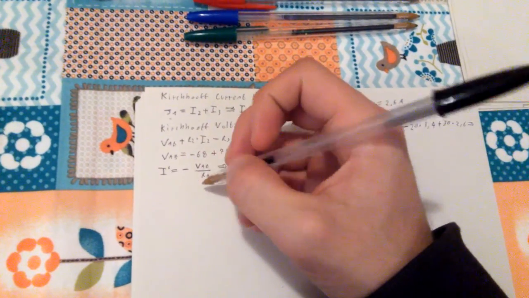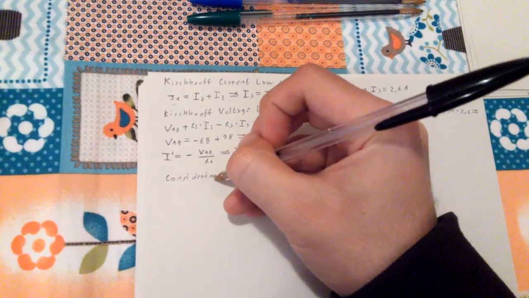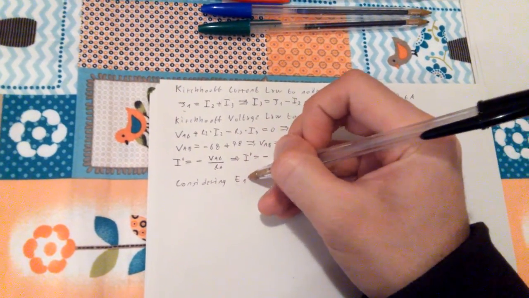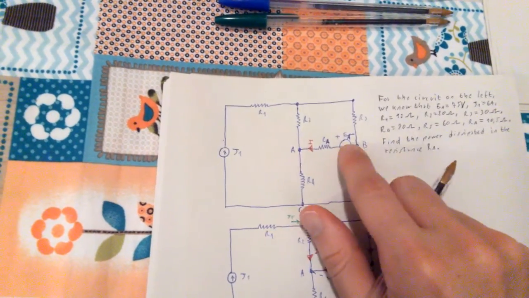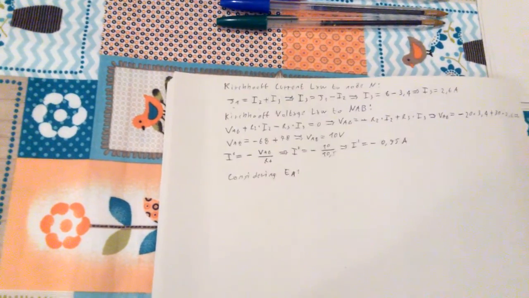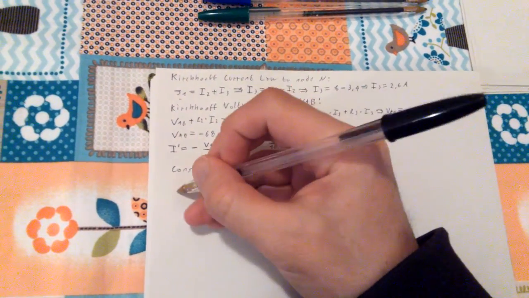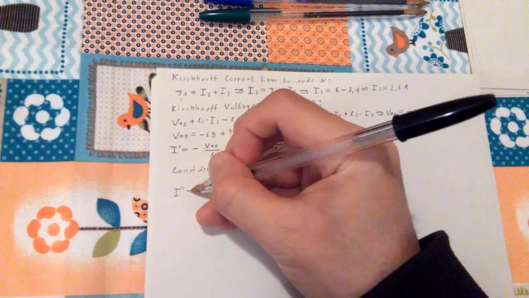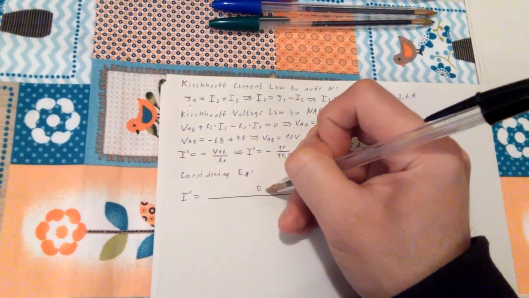I'm going to call this current here I second. So now considering EA, which was, as I said, the generator of voltage, I'm going to get I second.